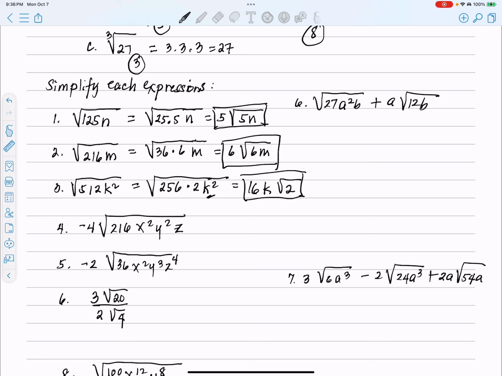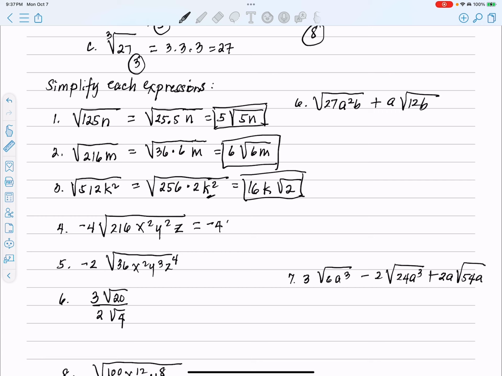Let's have number 4. Negative 4 times the square root of 216 x squared y squared z. So I will write this as negative 4.